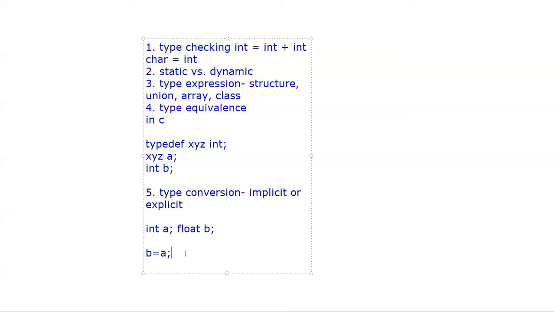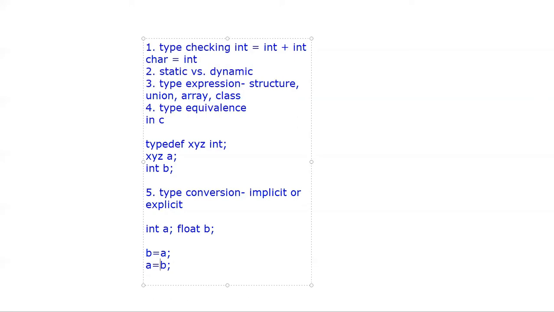But if implicit data type checking is not defined in your compiler or in your language, then you are storing 2 bytes into 4 bytes, so which part of the 2 bytes is going where in the 4 bytes? And if you are storing 4 bytes into 2 bytes, suppose you are writing a is equal to b, then what part of the data is going to be lost? So these things are going to be handled in the topic of type conversion.